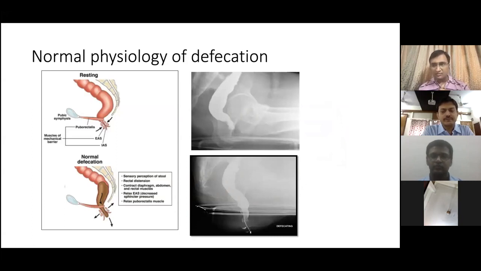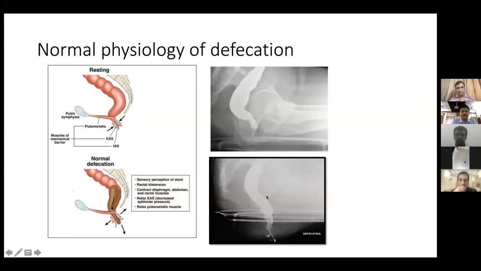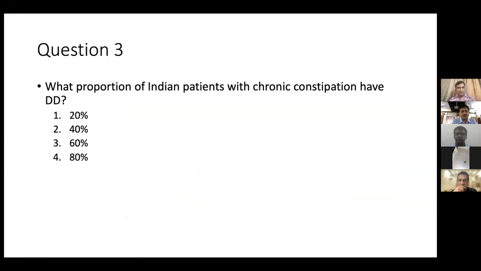Subsequently, if the situation is appropriate, there is contraction of the diaphragm, abdomen, and rectal muscles with relaxation of the external anal sphincter, and relaxation of the puborectalis, which straightens the anorectal angle and facilitates passage of stools across the anal sphincter. You can see in the defecogram photos that the anorectal angle is initially acute, and after relaxation of the puborectalis it becomes straighter. This is the normal physiology of defecation, which may be asked in the exam if you get a case of constipation.